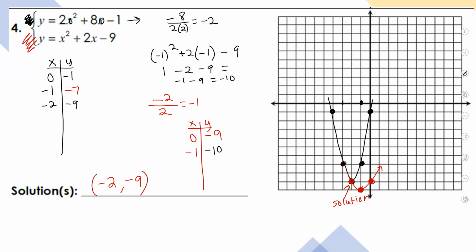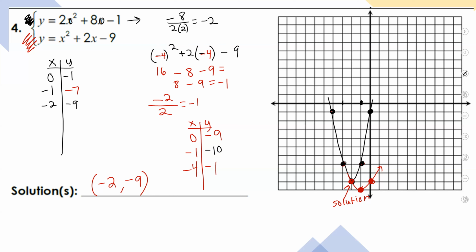Okay, and let's continue graphing. I'm going to plug in some more numbers. How about I plug in a negative 4 and see what I get? So let's see what the y value is when I plug in a negative 4. So this will become 16 minus 8 minus 9, which is 8 minus 9, we get negative 1.